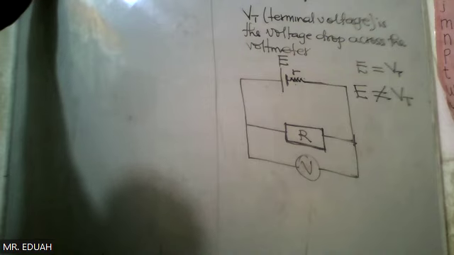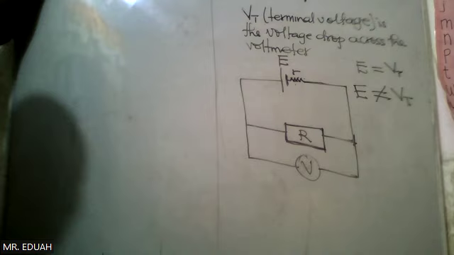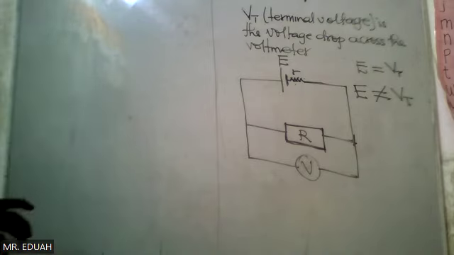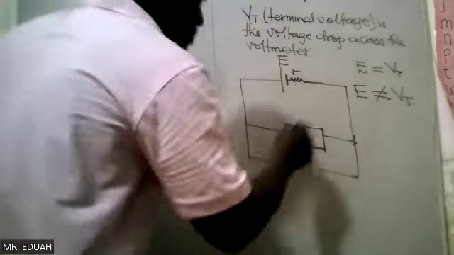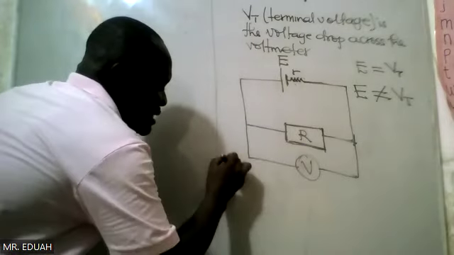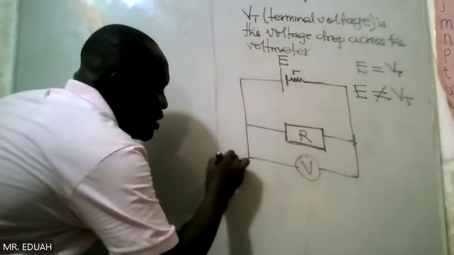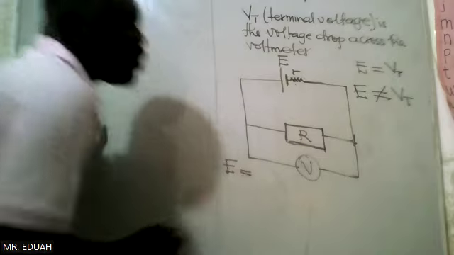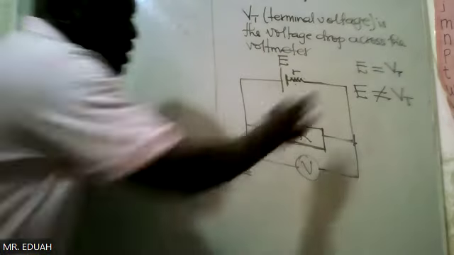So we investigate why. And theory makes us understand that when you connect an external resistor, it's as if there is a lost voltage, because it is not equal.